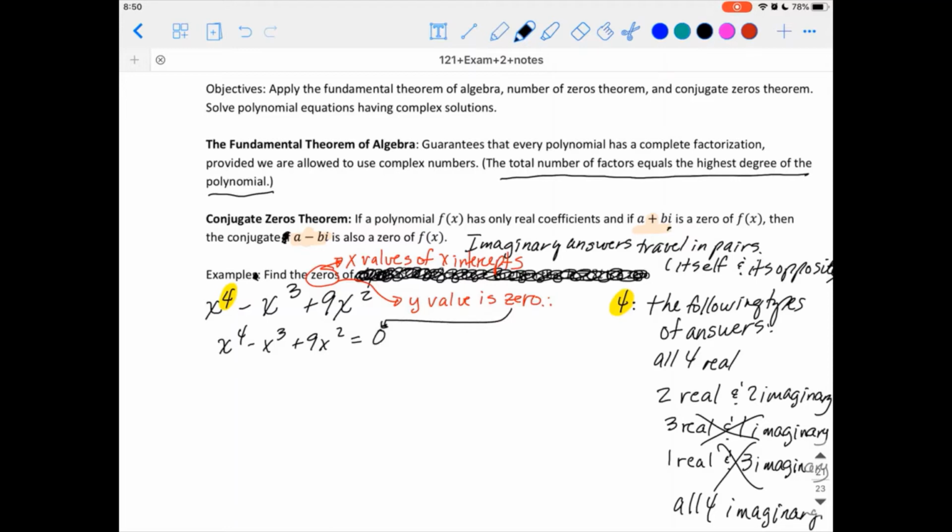And so now I'm going to be in factoring mode and try to use everything that we've learned so far. x to the 4th minus x cubed plus 9x squared, they all have an x squared in common.